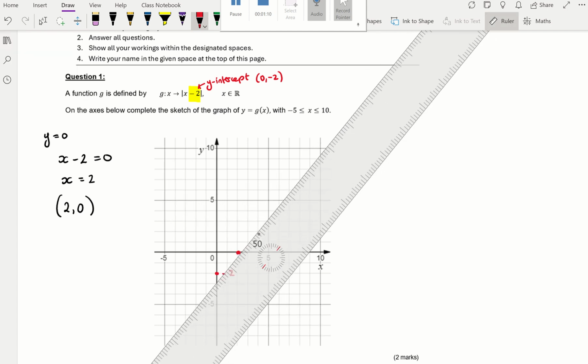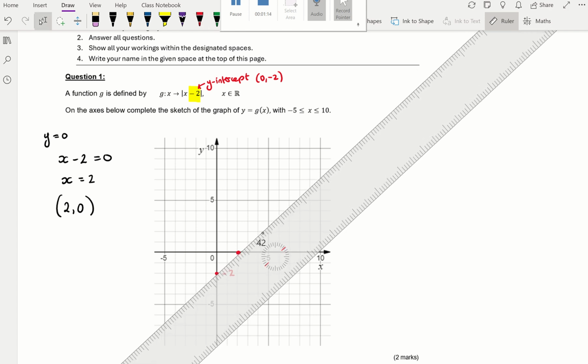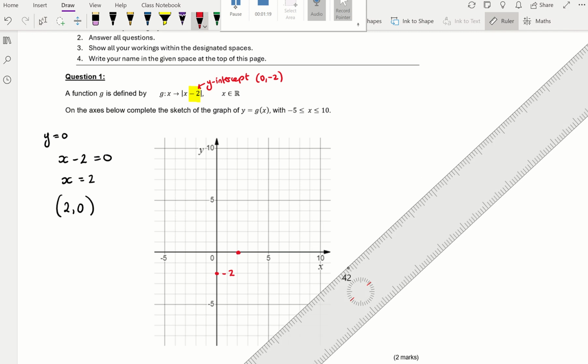So I'm going to draw this. It's supposed to go from when x is minus 5 to 10. Substituting the values of x, minus 5 minus 2 is minus 7. So when x is minus 5, y is minus 7, which is there.